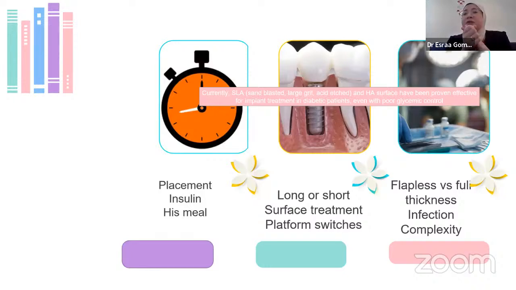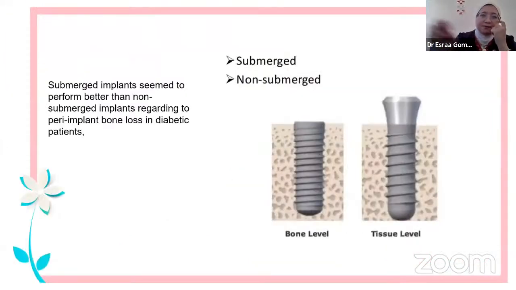The platform switching technique, using an abutment with a narrower diameter than the implant, was also discussed in the lecture, with higher success in diabetic patients. As we said before, using a flapless technique or a full thickness flap, there is no difference between them. It depends on the situation. You only have to consider the risk of infection and complexity.